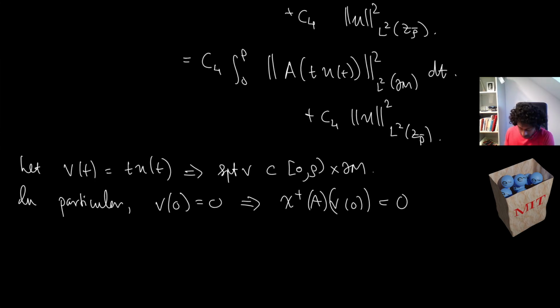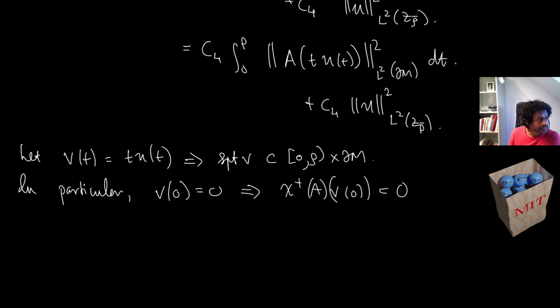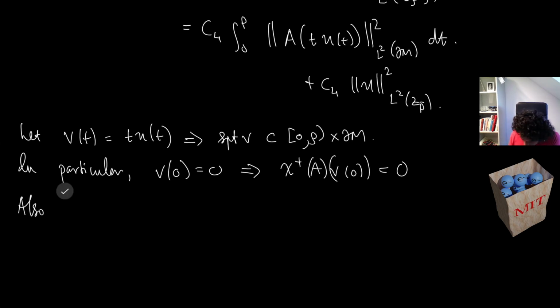And what else do we have? This is where the rho comes in. I made a mistake there before in this L2 norm.